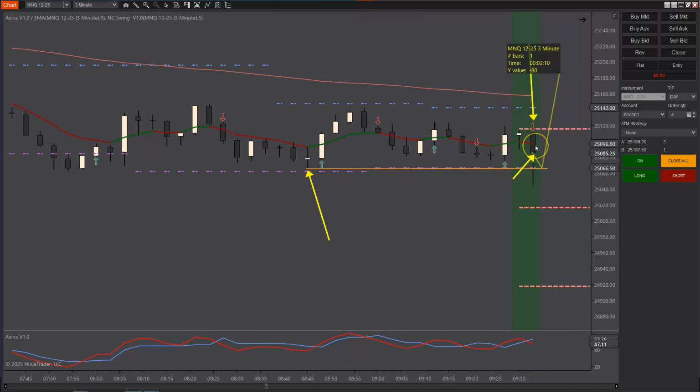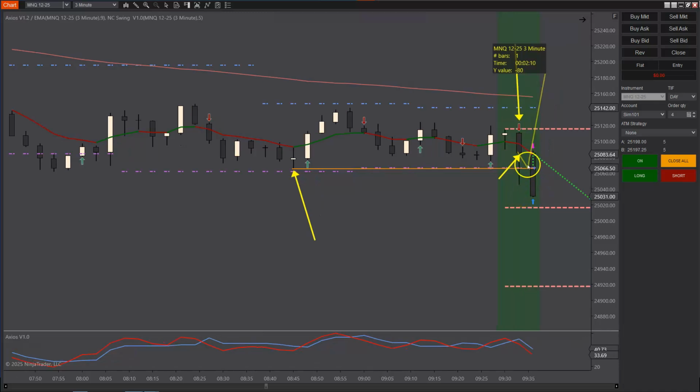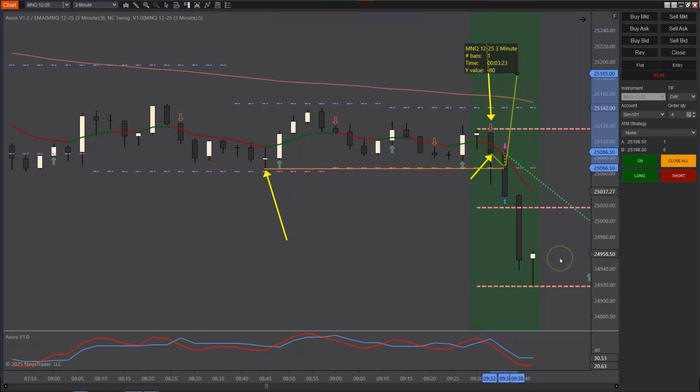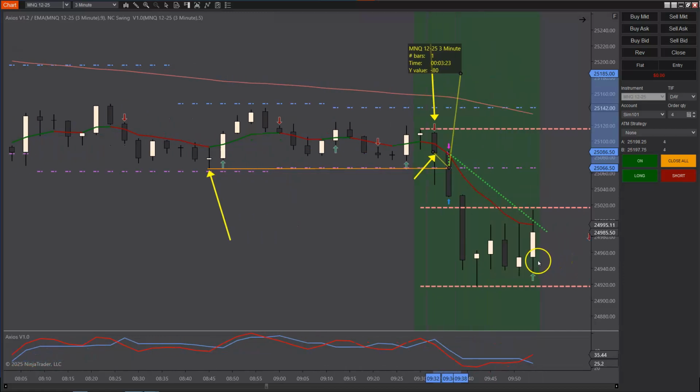But with this particular template, we're also going to have a runner position. So here we can see, it looks like it enters here, but really it actually enters here in real time. So we have about an 80 tick target. And then we're going to hold the second position all the way until we get a green arrow. So the inverse of a red arrow obviously is a green arrow.